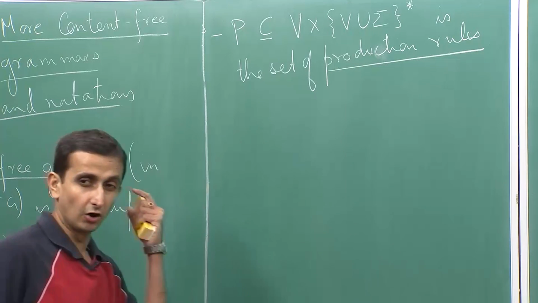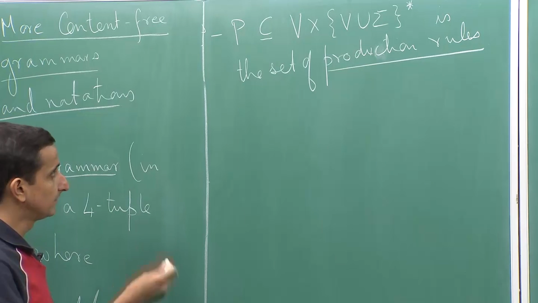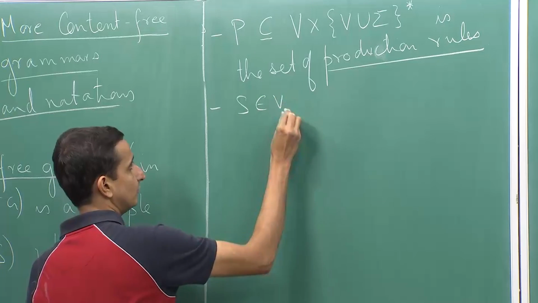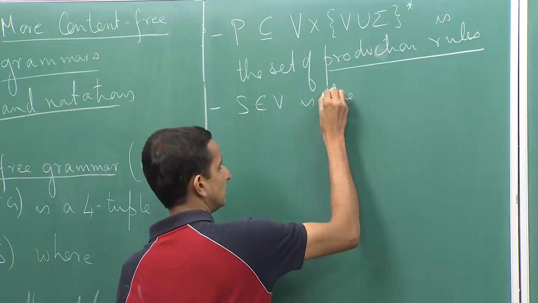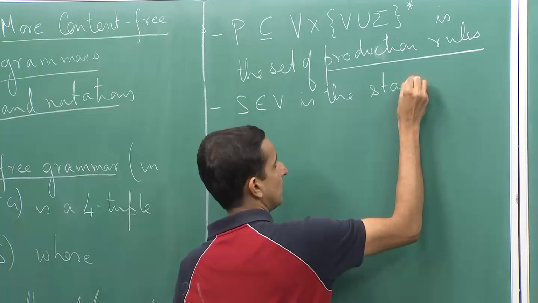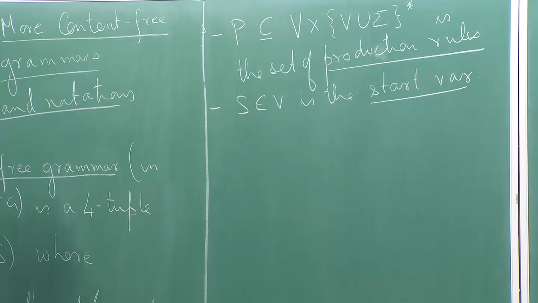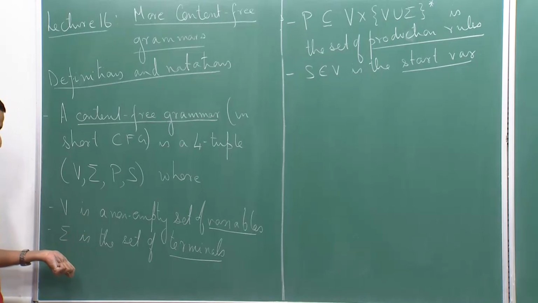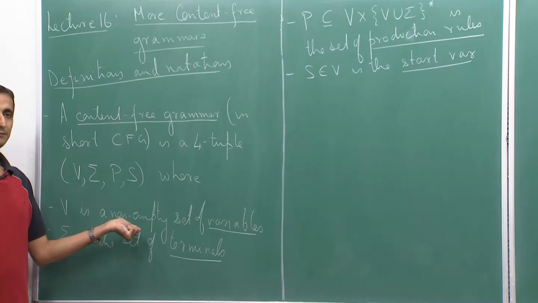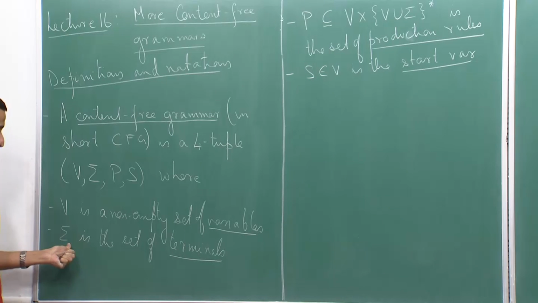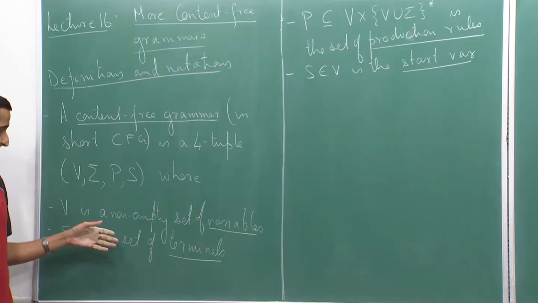Okay, so often these are just called rules instead of saying the whole thing production rules, and S belonging to V is the start variable. Okay, so both these sets V and Sigma are finite sets. We will only look at finite sets. V is non-empty because it must contain the start variable, at least it has one variable which is the start variable. Sigma is the set of terminals.